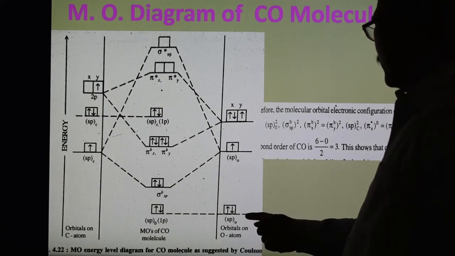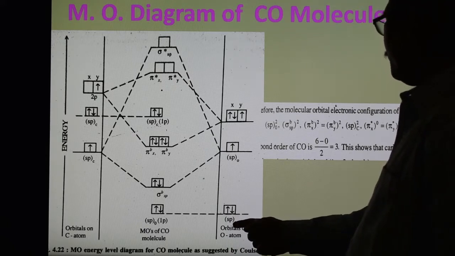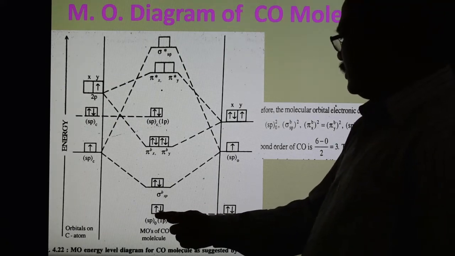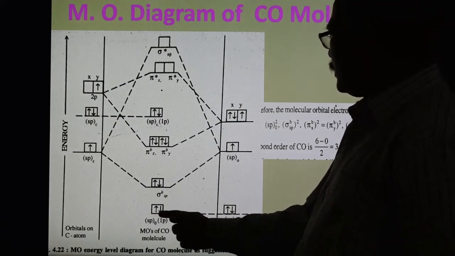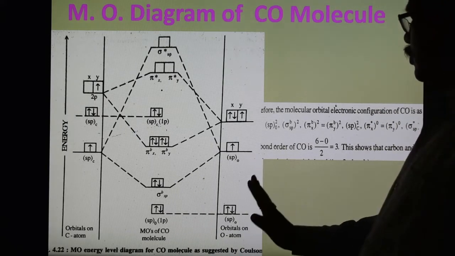Now for the molecular orbital energy levels: in this case the lone pair of oxygen, that is sp_o2, has lower energy and is placed here. This is the sp_o lone pair, LP for lone pair. So one is complete.